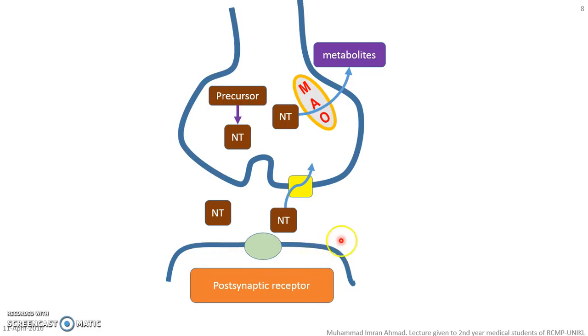Okay, so basically I think many of us have probably heard about the amine hypothesis, which states that scientists currently believe that the issue with depression is that there is not enough serotonin or noradrenaline. Either the amount is reduced, or the problem is they are present but not functional.